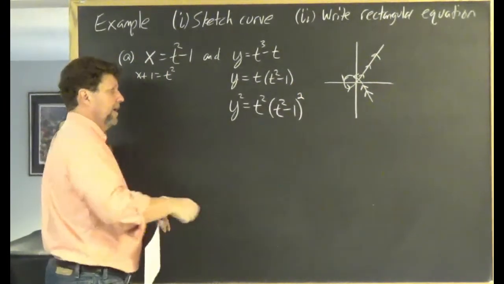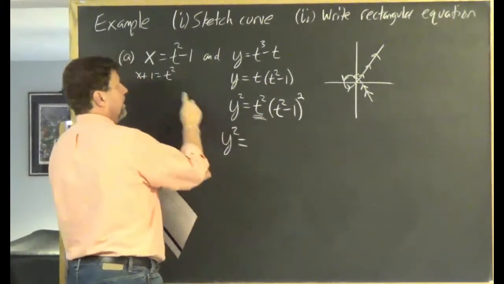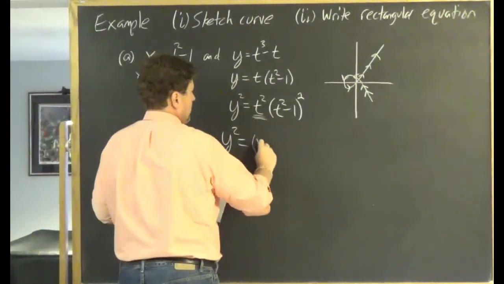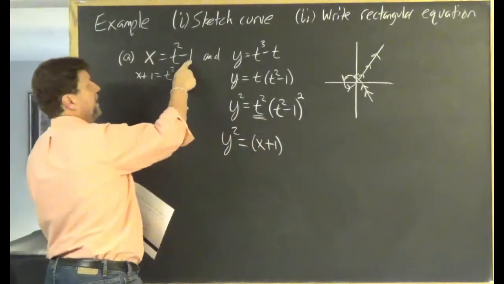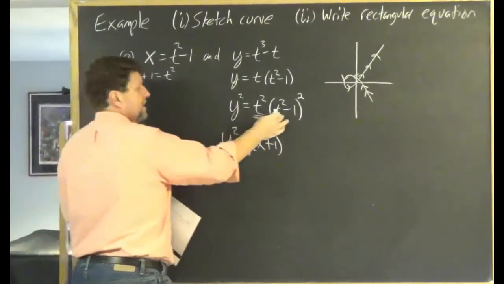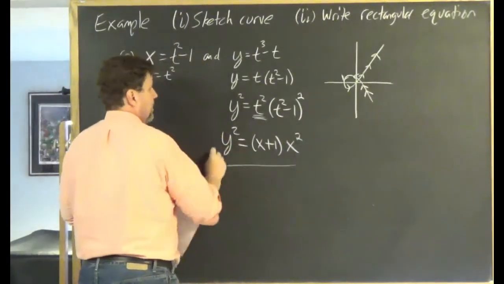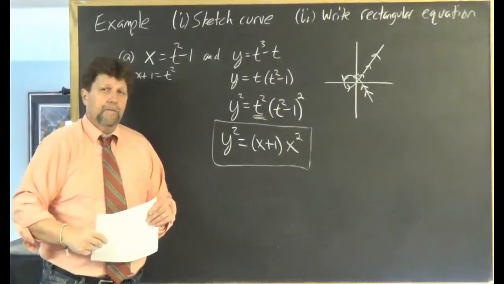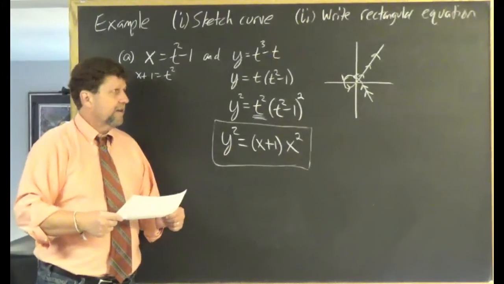Then I think I am almost done. T squared, well, that's x plus 1. T squared minus 1, well, we know t squared minus 1 is x. So I put x in there. That is the rectangular equation. I have nothing but y's, I have nothing but x's. So that's the rectangular equation.